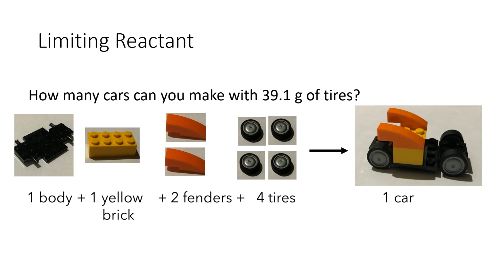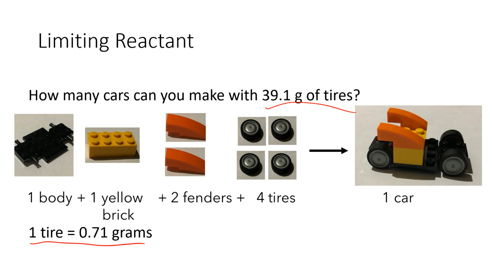All right, so now let's say someone's a little lazy and they didn't want to count all the tires. They just found a canister of them and they're like, hey, you know what? We have 39.1 grams of tires. So this information can be helpful if we know the number of tires in that 39.1 grams. And it turns out every tire weighs 0.71 grams per tire.